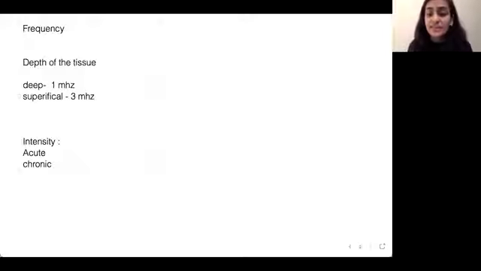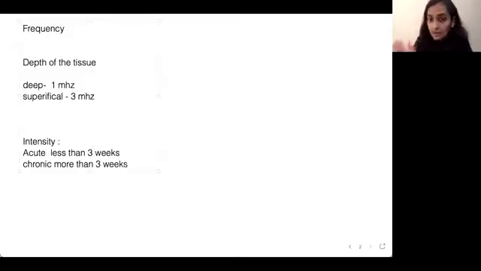Okay, now intensity depends on whether it is acute or chronic. When you look at ultrasound, always think acute is going to be less than 3 weeks. Anything that is more than 3 weeks is going to be your chronic. Okay, extension and internal rotation is for exposing the supraspinatus tendon for giving ultrasound.